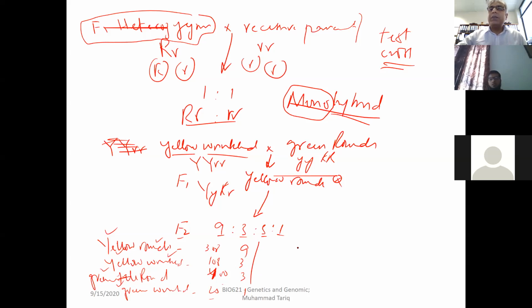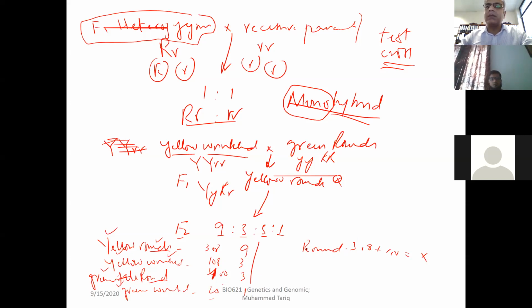What he did, he simply forgot about green and yellow. He just ignored green and yellow here. He said, okay, let's add up all the rounds. So where are rounds? You have this round plus this round, 308 plus 100 x.